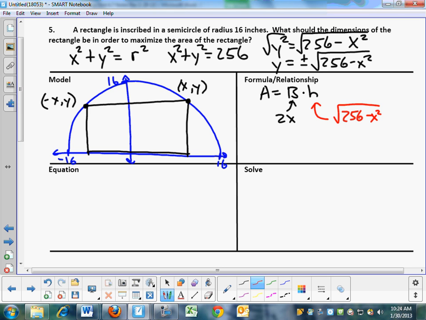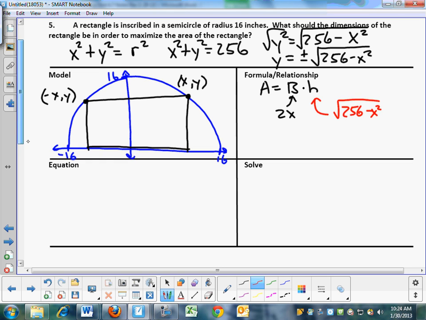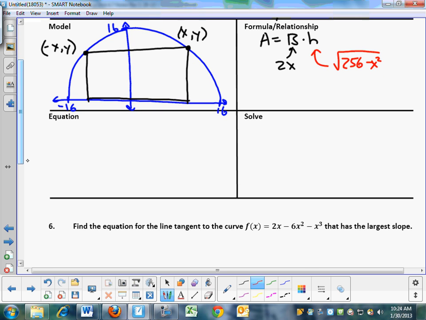Yep, very good. So we have area in terms of what variable? X. A of x is equal to 2x times the square root of 256 minus x squared. Oh boy.